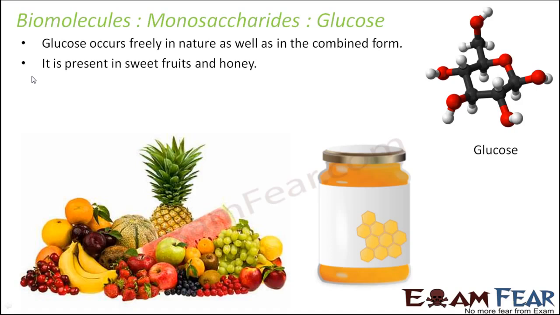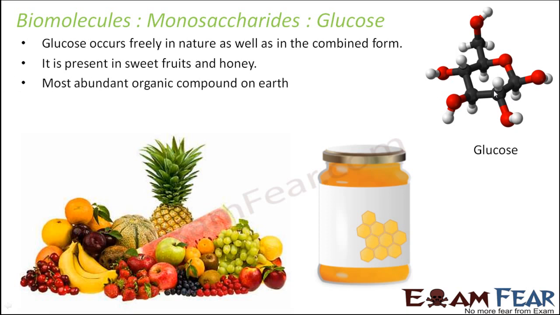That is why it is sweet in taste, and it is a monosaccharide. This is how the structure of glucose looks, which might be quite confusing at the moment. But the red colored balls shown here represent the carbons, the white ones represent the hydrogen, and the black ones represent the oxygen.